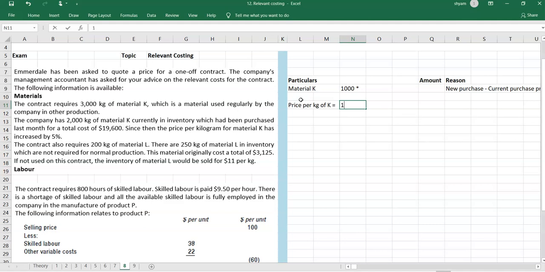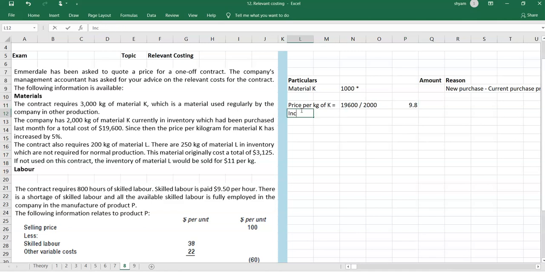So we bought already, and that price is 19,600 divided by 2000. So this is the price. We can't take this as the price because it has increased by 5%.